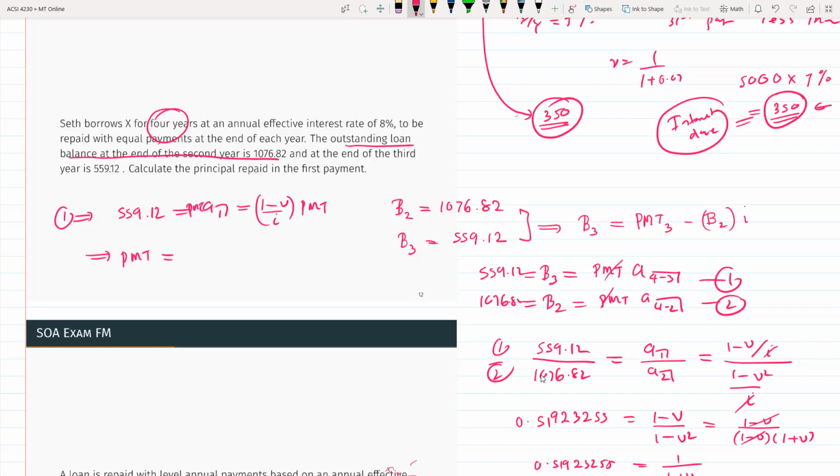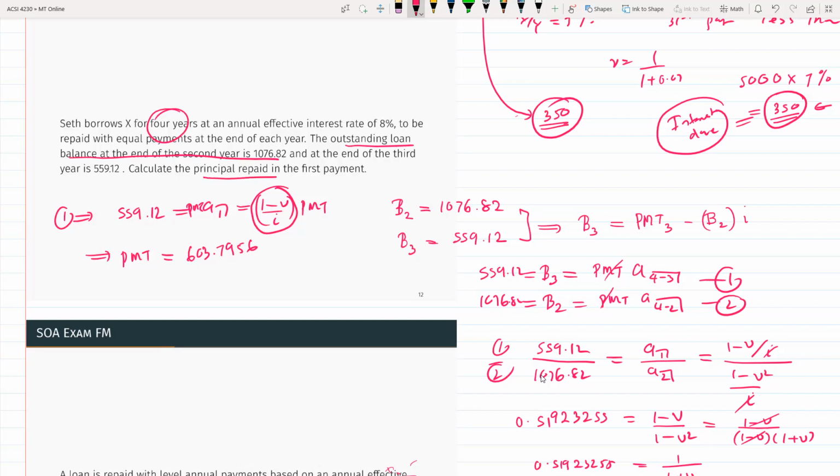And then you divide 559.12 by that. And then you would get the payment as 603.7956. So you calculate this quantity and then divide 559.12 by that. Okay, so that's the payment size.